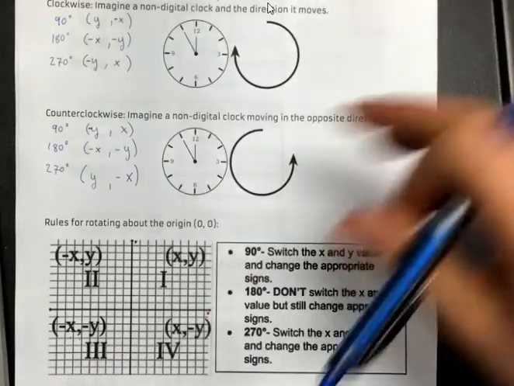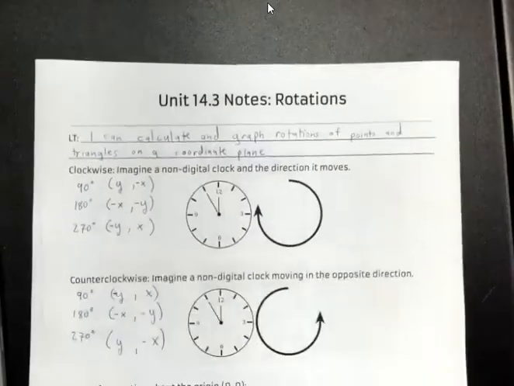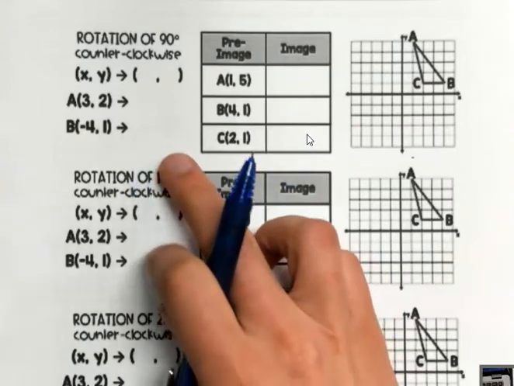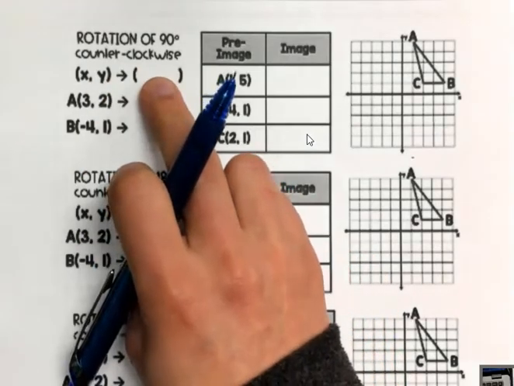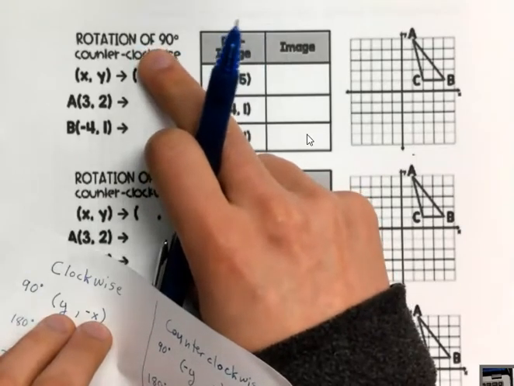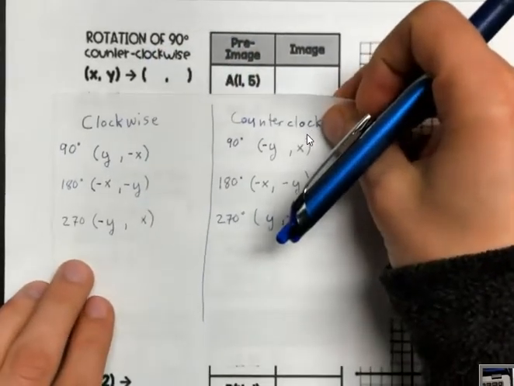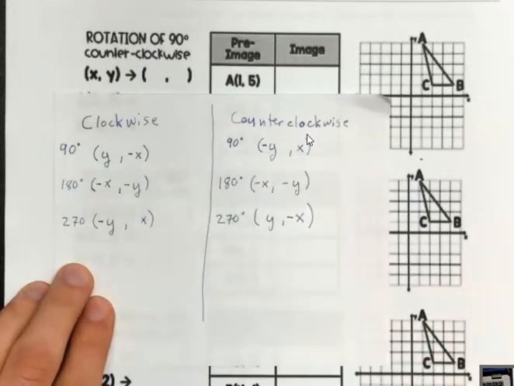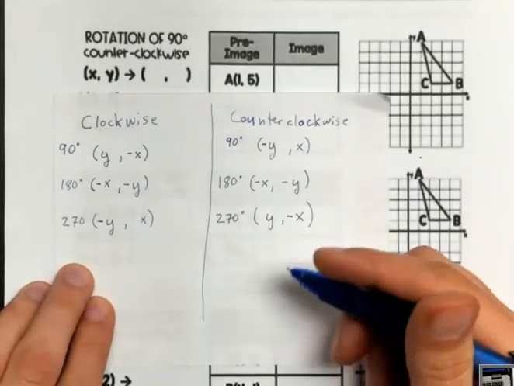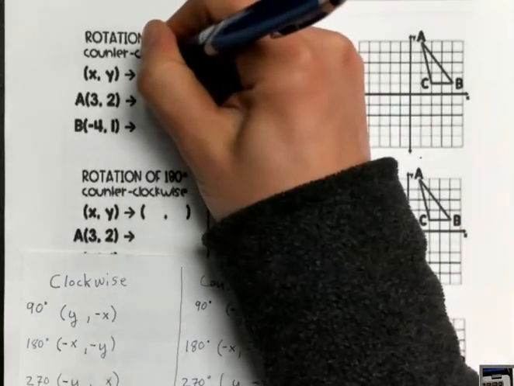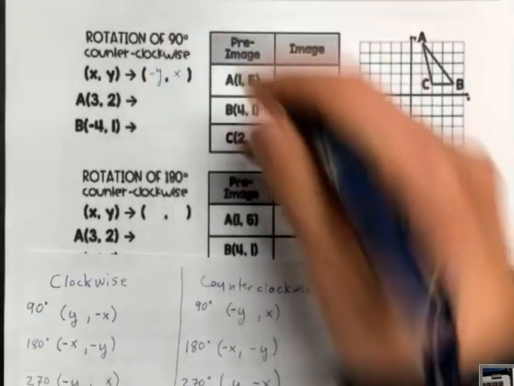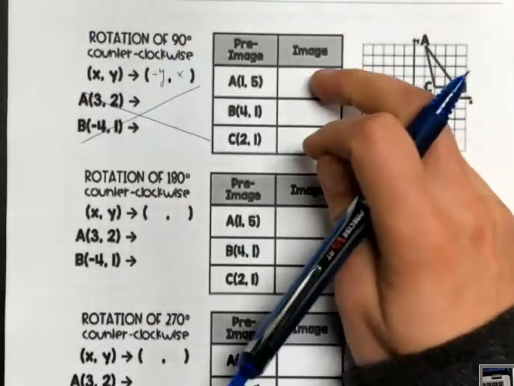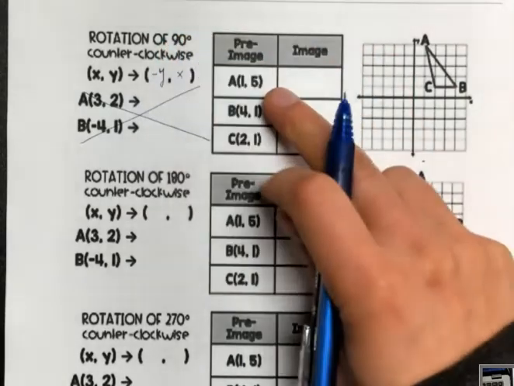Okay, so now let's flip to the next page and apply this. The first thing I'm going to do is write down my rules. Rotation of 90 degrees counterclockwise. I look at my chart, counterclockwise 90 degrees, and that says I should have negative y, x. I'm going to skip this part, and we are just going to write our new coordinates.